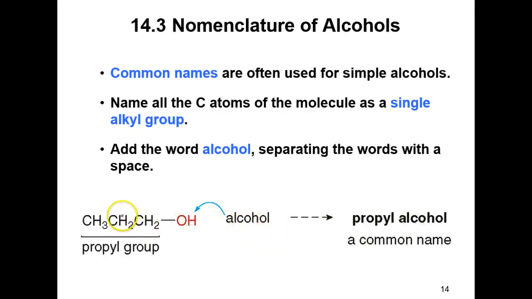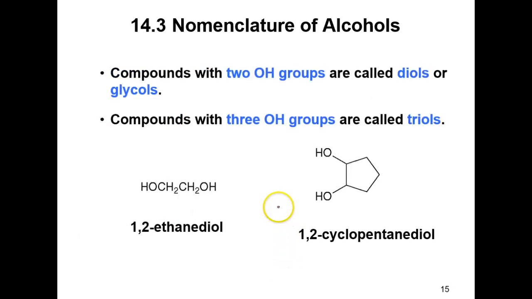If the OH is on the 2nd carbon, this is called isopropyl alcohol or isopropanol, which is rubbing alcohol. So propyl alcohol is where the OH is on the 1st carbon, and isopropanol or isopropyl alcohol is on the 2nd carbon, and we will see this as an example.